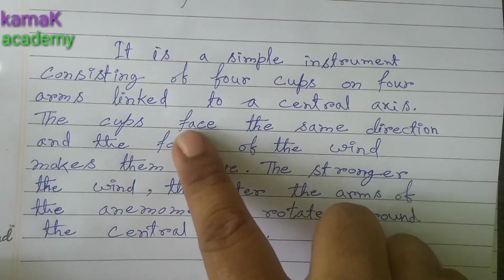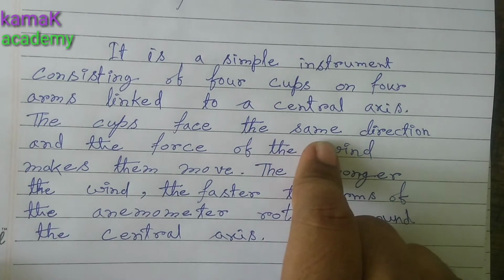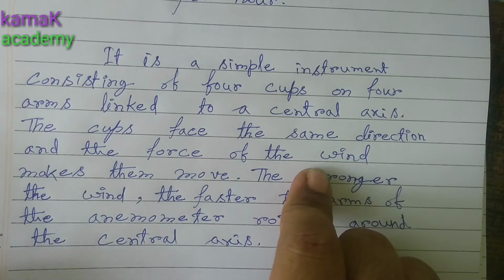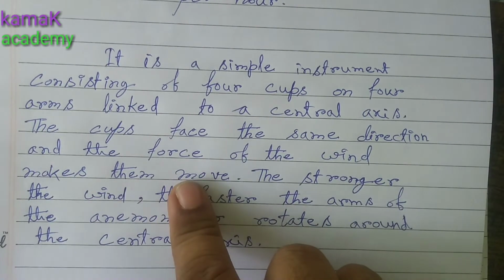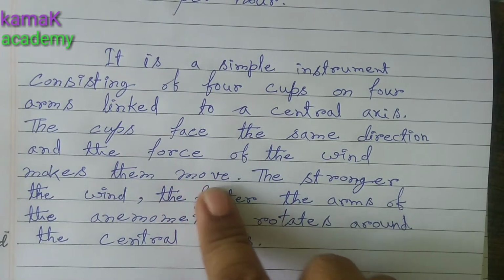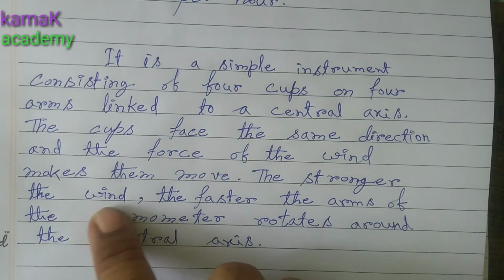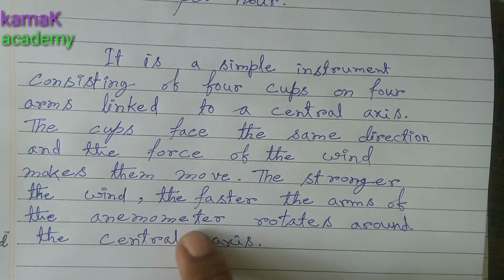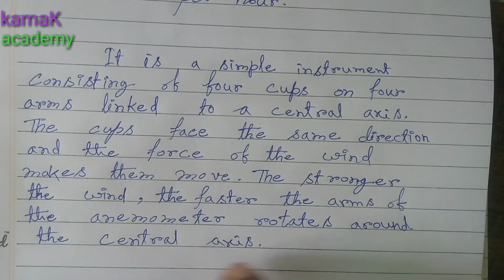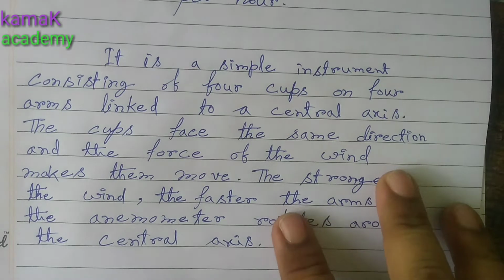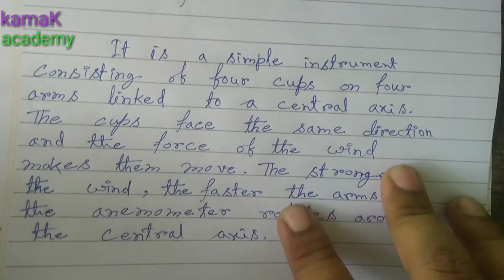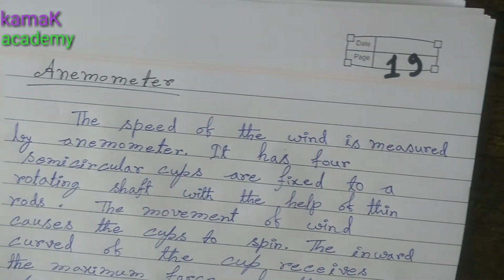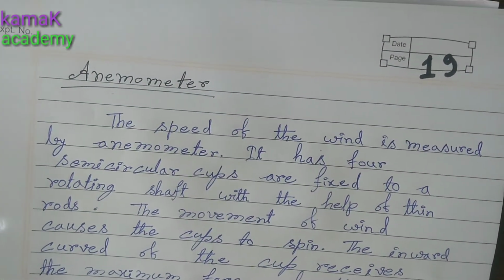The cups face the same direction and the force of the wind makes them move. The stronger the wind, the faster the arms of the anemometer rotate around the central axis. This page is page number 19. Come to next page.